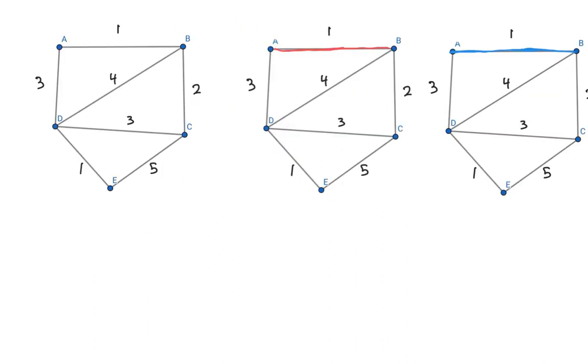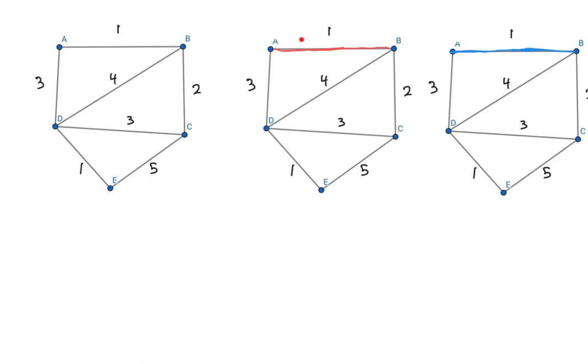So let's do an example with this graph on 5 vertices and 7 edges. So since there are 7 edges, there's going to be 7 steps. The first step is we take an edge of minimum weight. There's 2 possible options. We decide to take the edge AB.